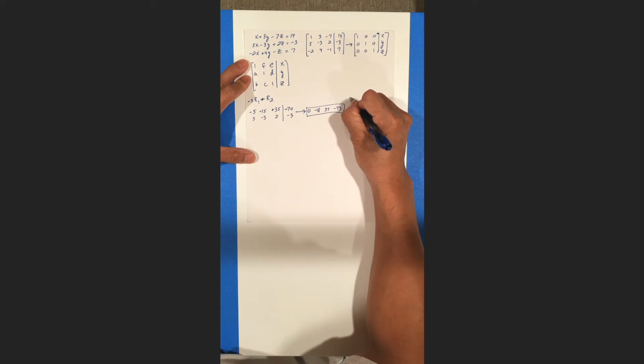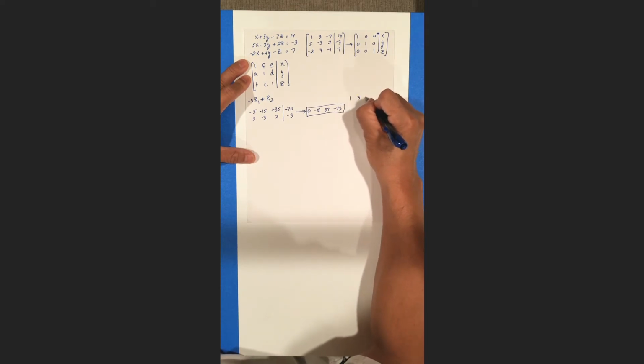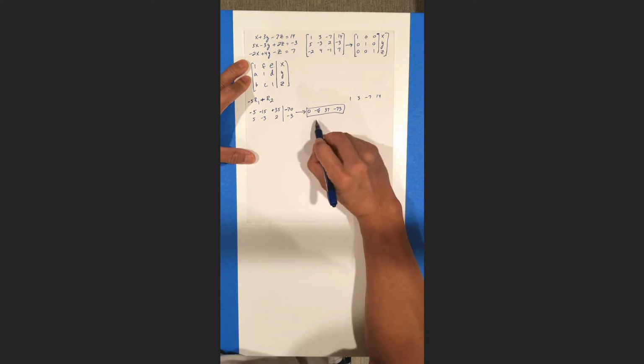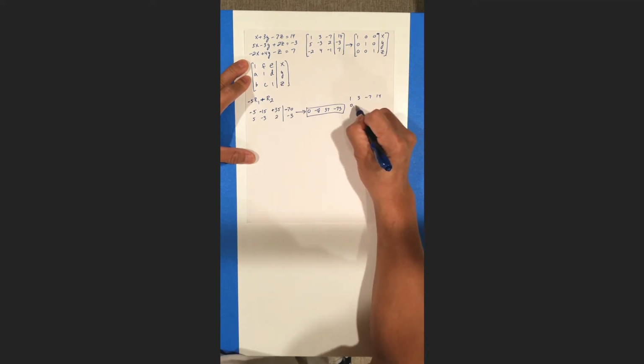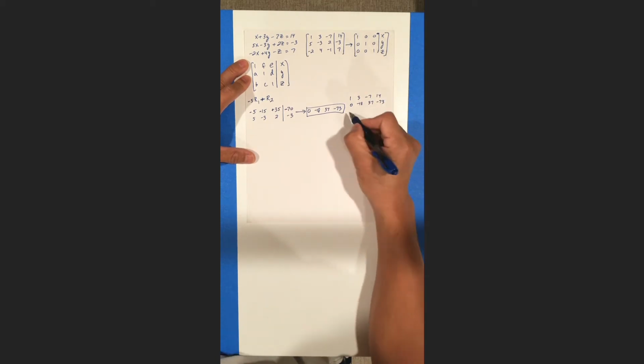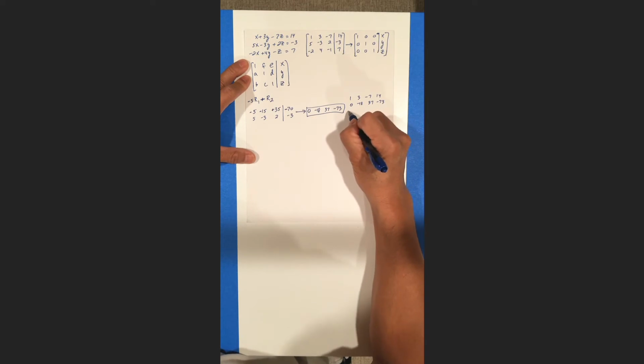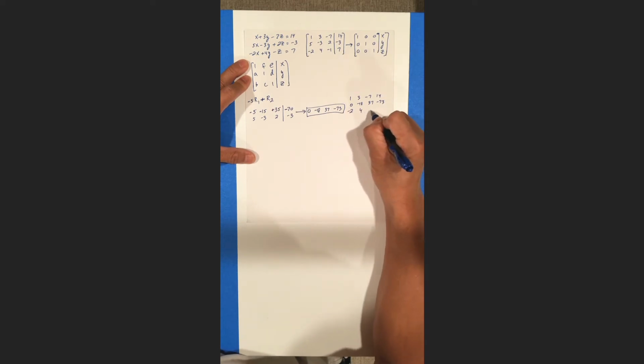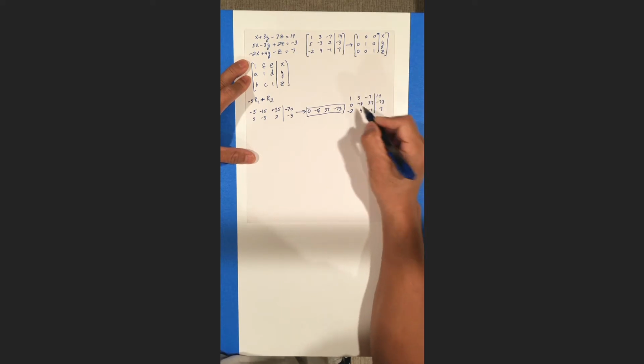So first row is going to be 1, 3, negative 7, 14. My second row now is going to be this new guy: 0, negative 18, 37, and negative 73. My third row is going to stay the same. It's negative 2, 4, negative 1, and 7, okay? That's my third row.